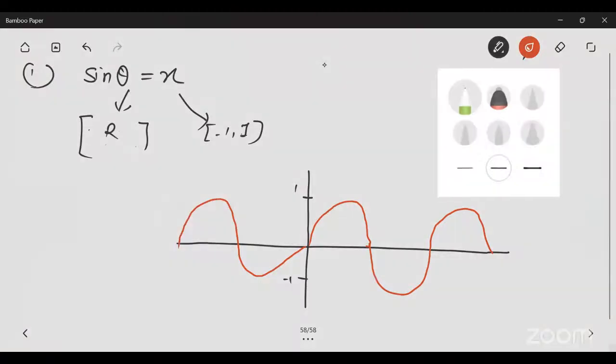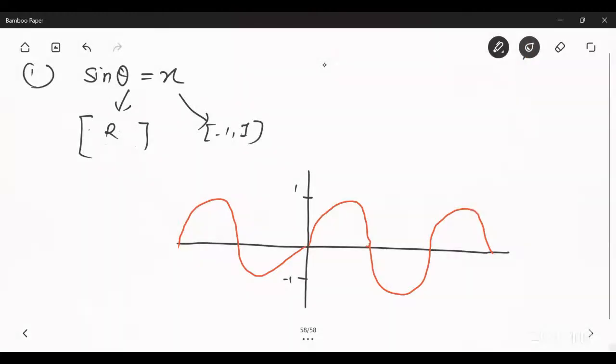So if you take any horizontal line, it will cut in many places. That means it is not one-one and onto. It is not one-one because it is failing the horizontal line test.